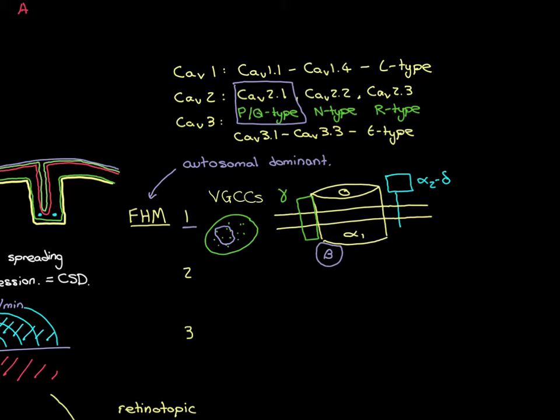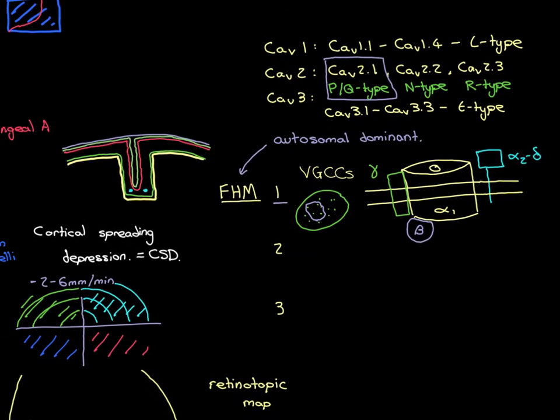Okay, and the reason we're going over these is because these are monogenic and they might give us hints, and indeed they are giving us hints, about what it actually is that gives you susceptibility to cortical spreading depression. So we've so far done familial hemiplegic migraine type 1, and we've seen that this is caused by having a single copy of a disease-causing allele of the CAV2.1 alpha-1 subunit of voltage-gated calcium channels.